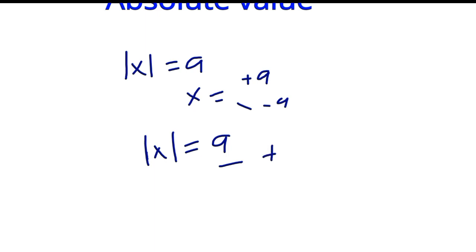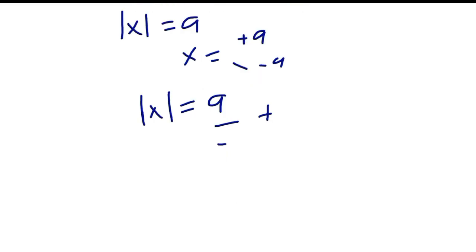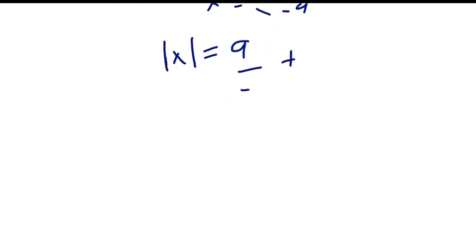When a is negative, then the equation has no solution. For example, when you have the absolute value of x is equal to minus 10, there is no solution because there is no value of x whose absolute value is equal to minus 10.